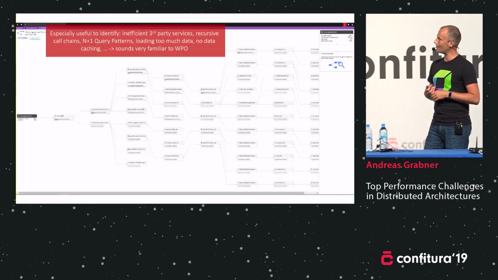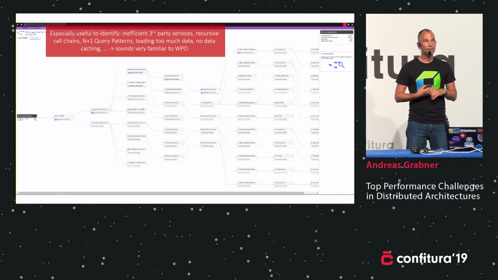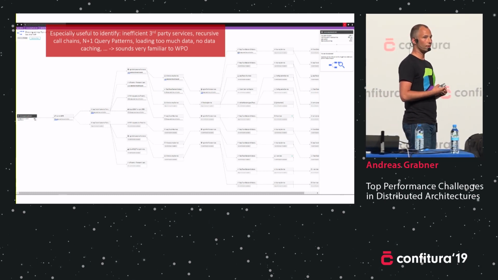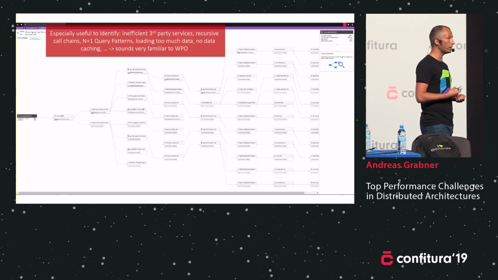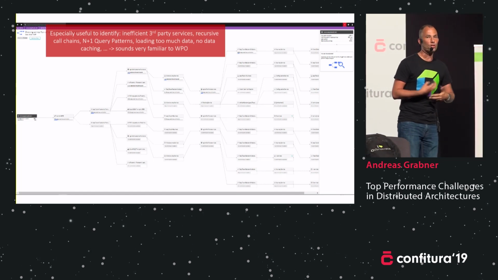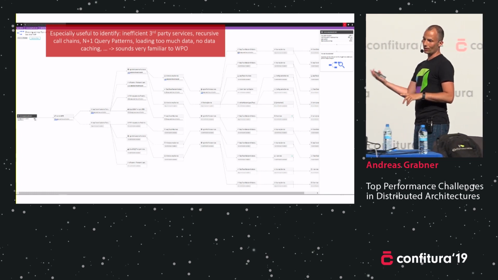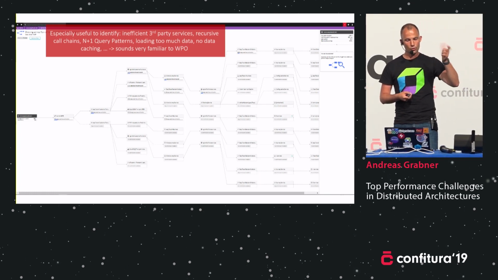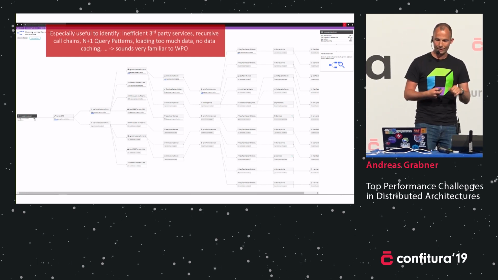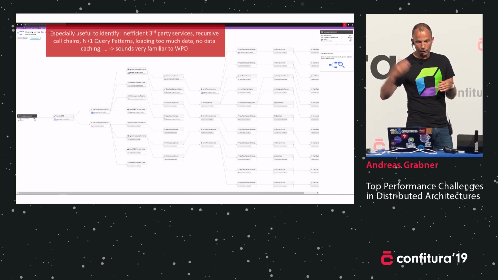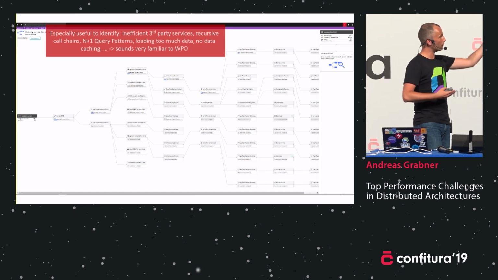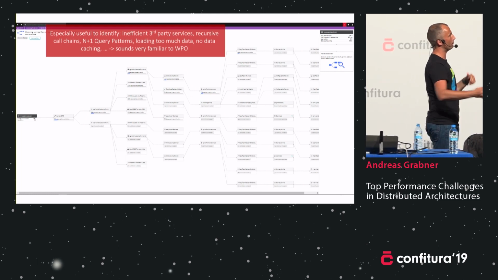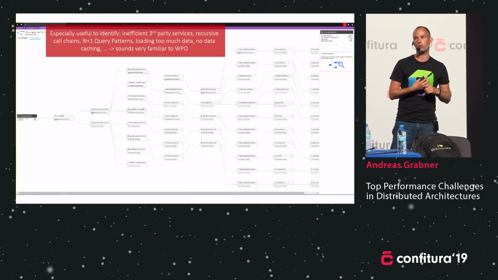And then they realized a couple of releases later, after they did not pay close attention to what the developers and the architects were actually doing, that the same application became much more complex because they had, as you can probably read for yourself, the n+1 query problem, so the same services calling each other multiple times, including new third-party service, recursive call chains. So there were a lot of services that were calling each other recursively, and therefore the whole flow became much more complex.